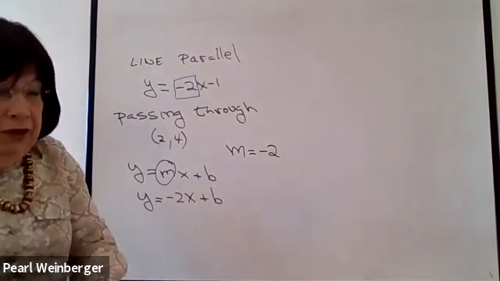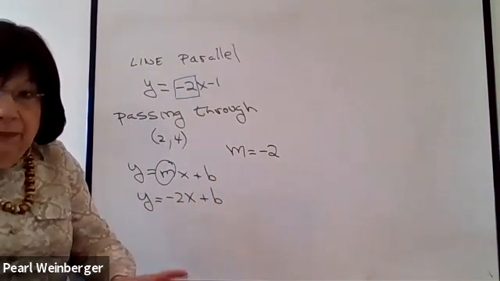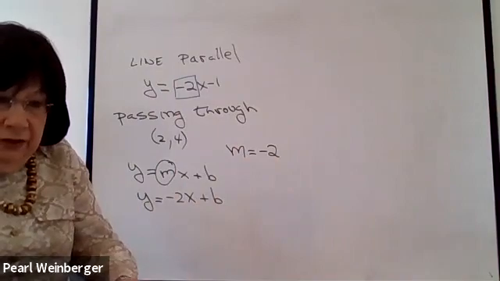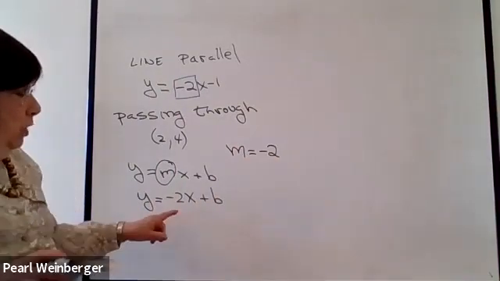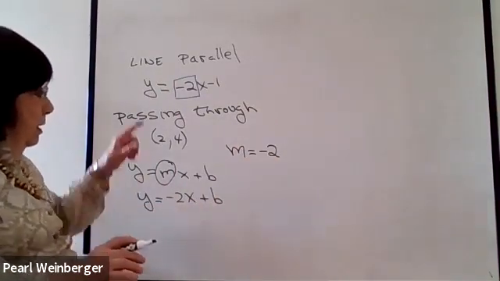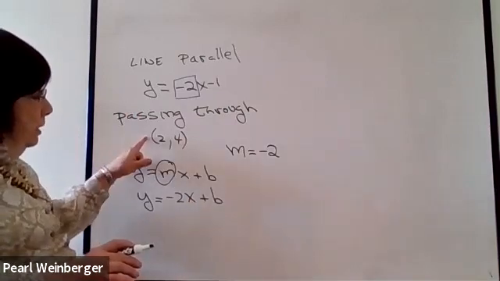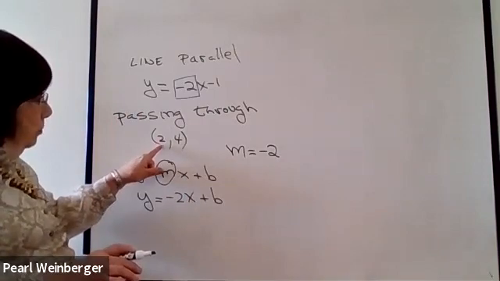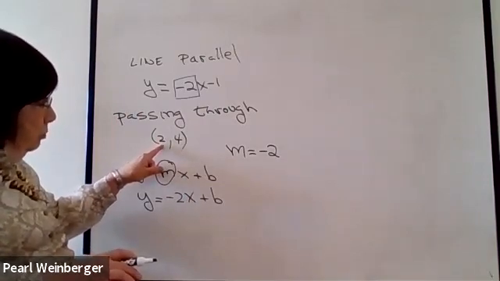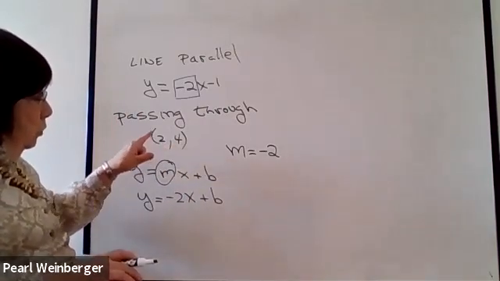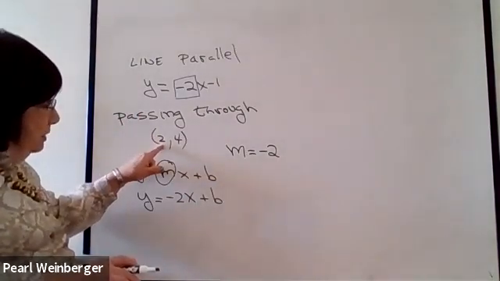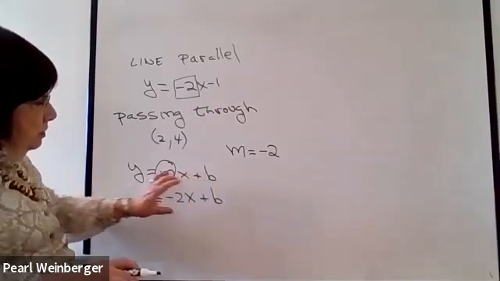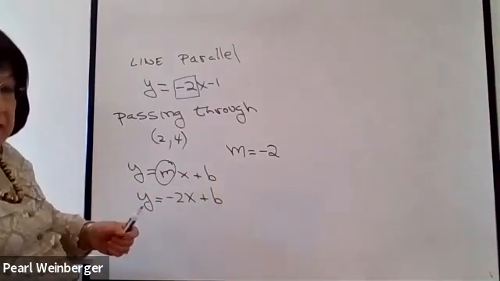The question is, what should the b be? We know the m is going to be the same, parallel lines have the same slope. So what should the b be? Well, the only other information they gave me is that the line is going through the point 2, 4, which means when I replace the x with 2 and the y with 4, this is going to be a true statement.